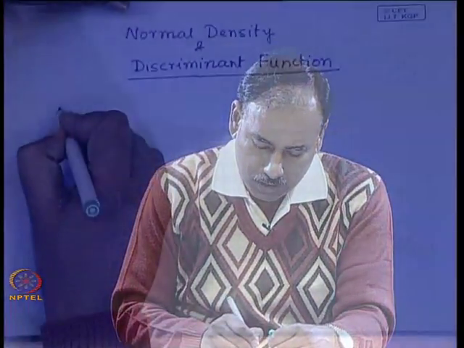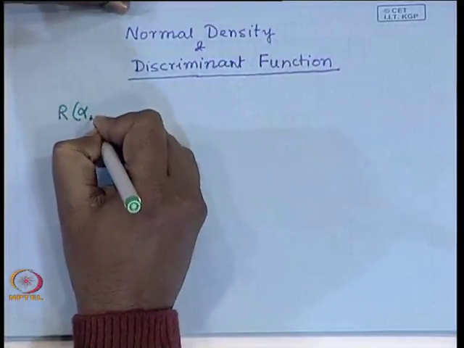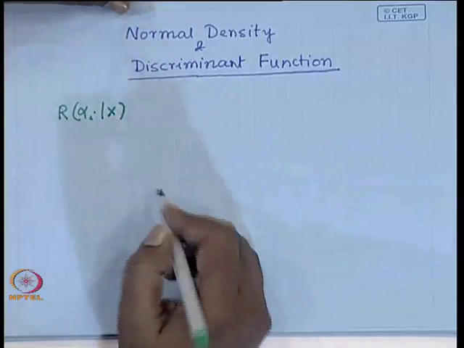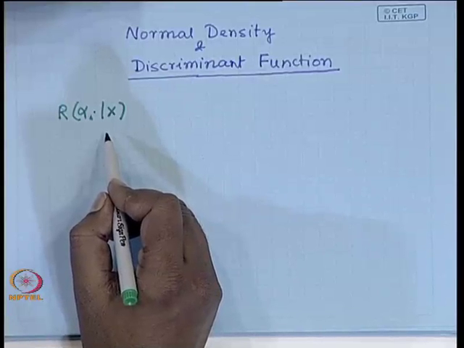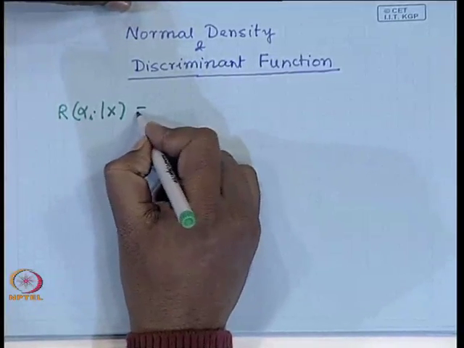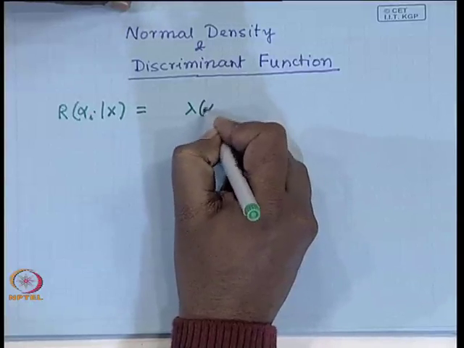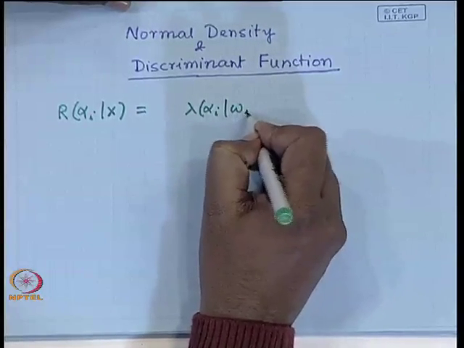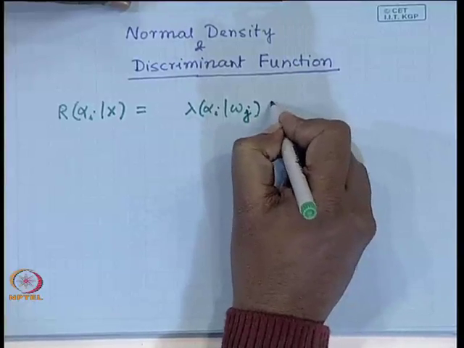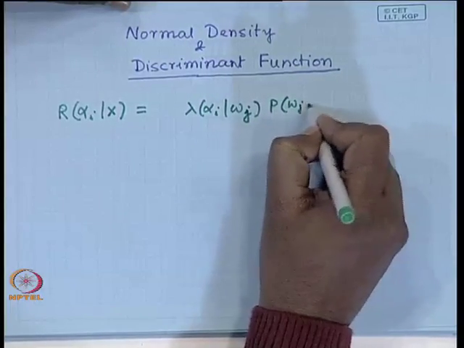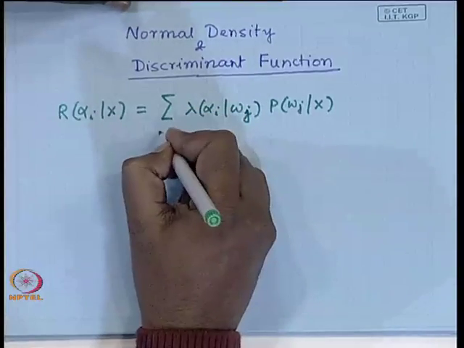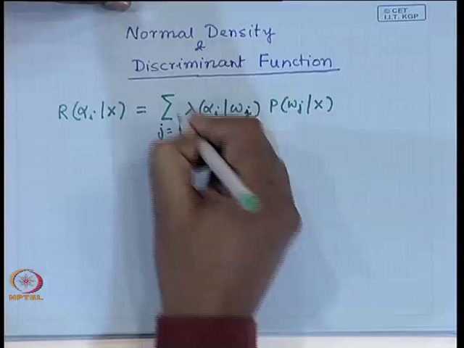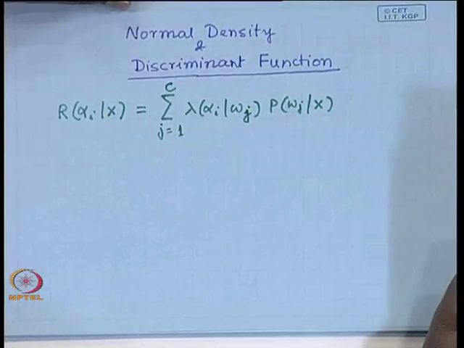The risk function that we said was of this form, R of alpha i given x, that means given a feature vector x, the risk involved in taking an action alpha i, which was lambda of alpha i given omega j into p of omega j given x, take the summation for j equal to 1 to c, where c is the total number of classes.